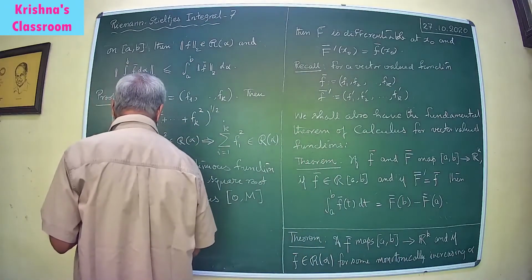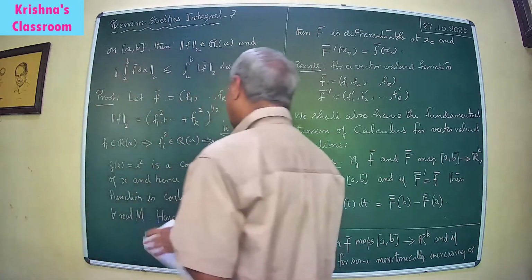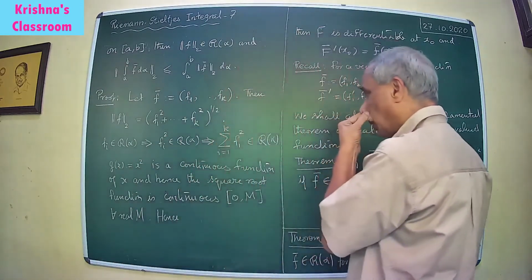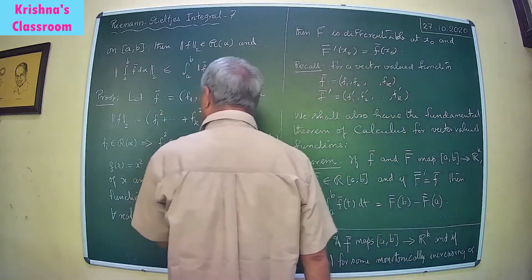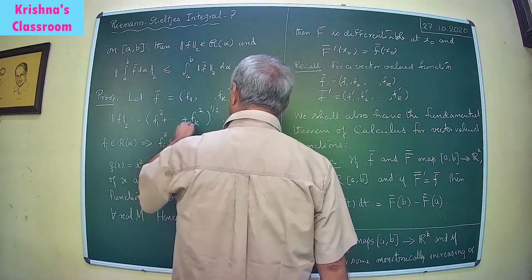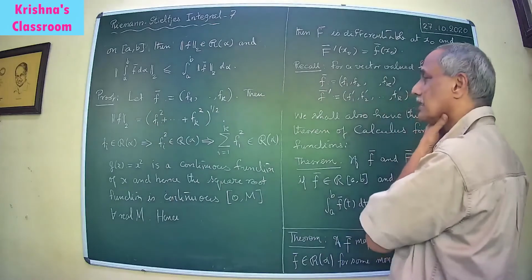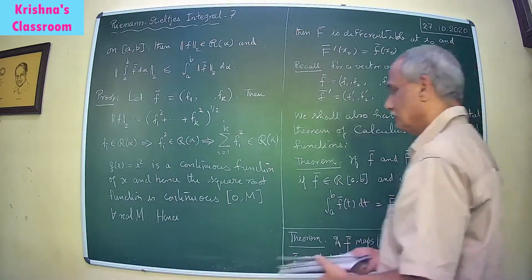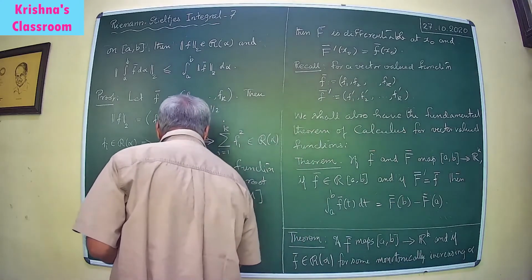Therefore, what you have to do is compose this square root function with f1 square plus f2 square plus etc. plus fk square. That will give you f1 square plus f2 square plus etc. plus fk square to the power half. Hence, what we have is the norm of f.